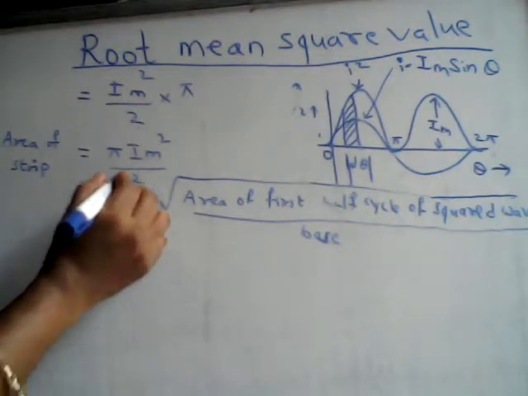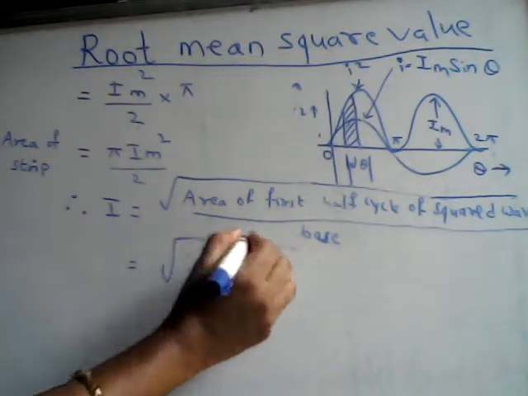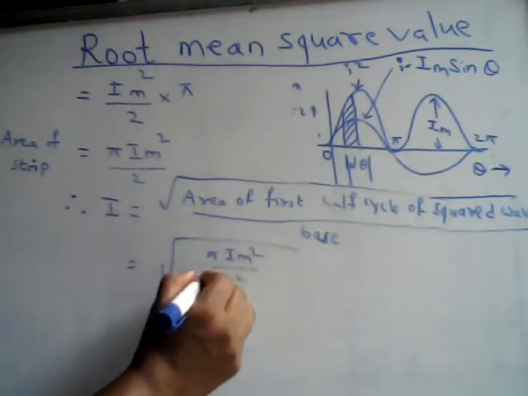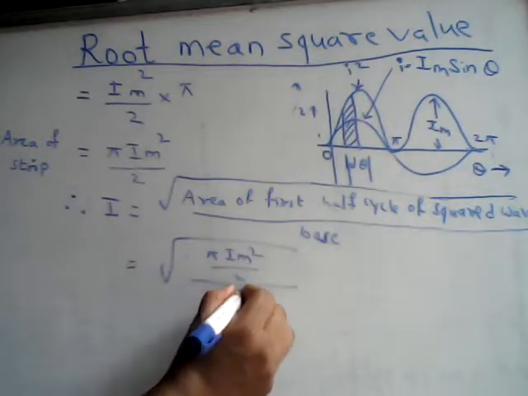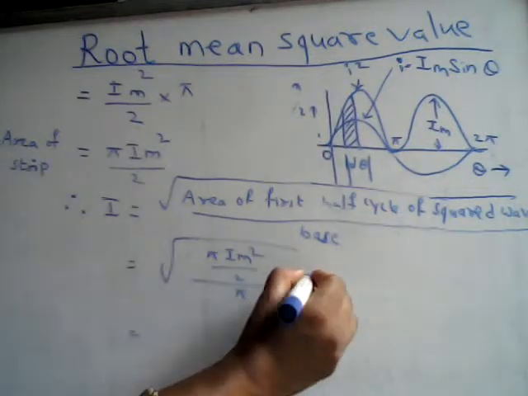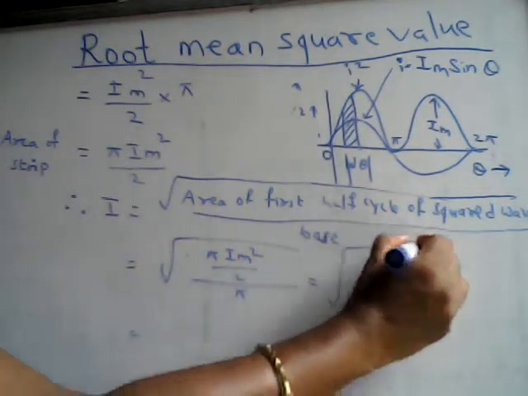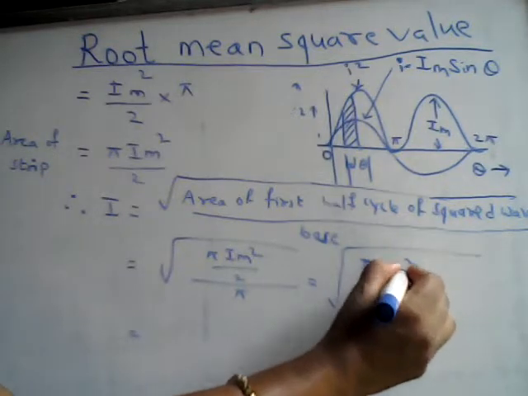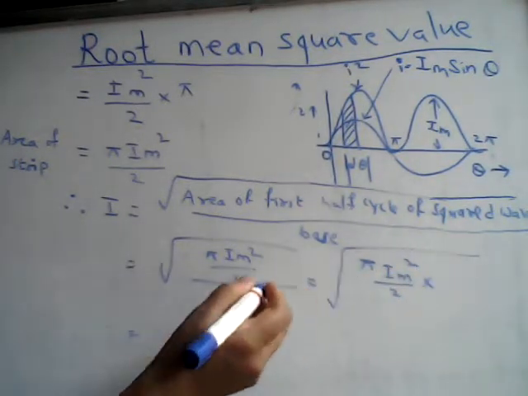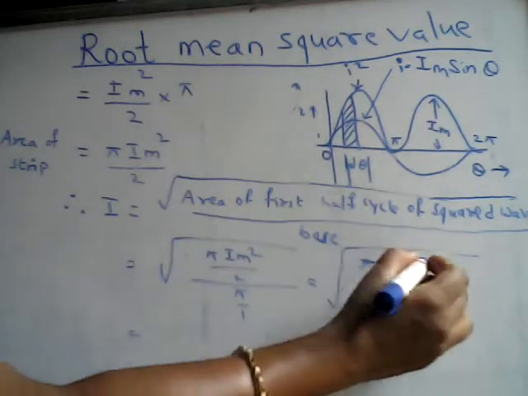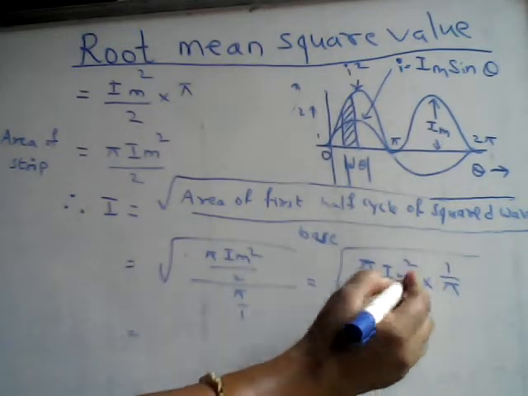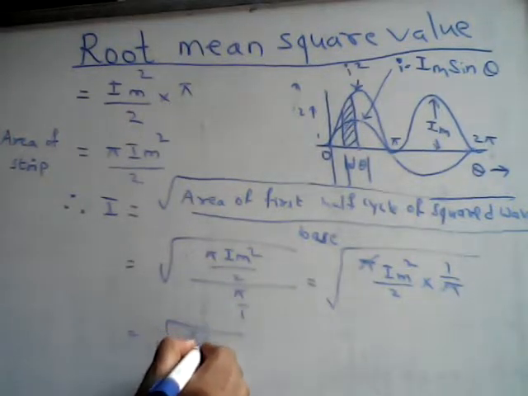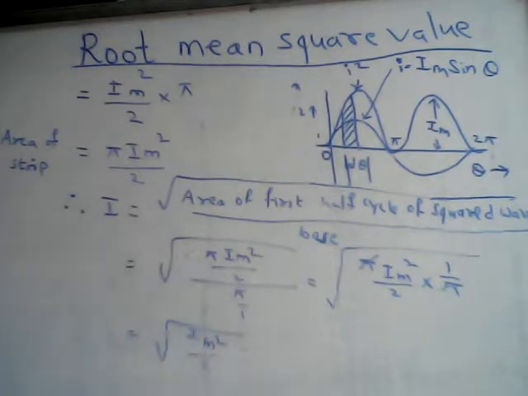So this is equal to root of (pi into Im square divided by 2) whole divided by the base, that is pi. So this can be written as pi into Im square divided by 2 into the reverse of this, which is 1 by pi. So this pi will cancel and we will get Im square divided by 2.